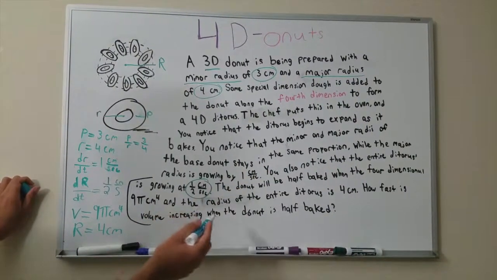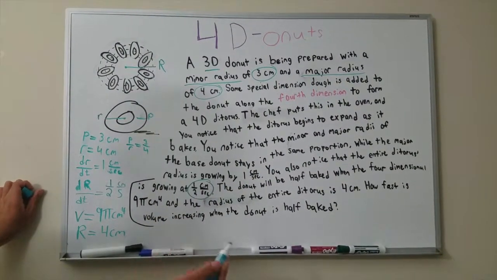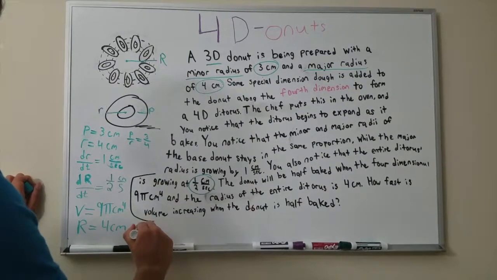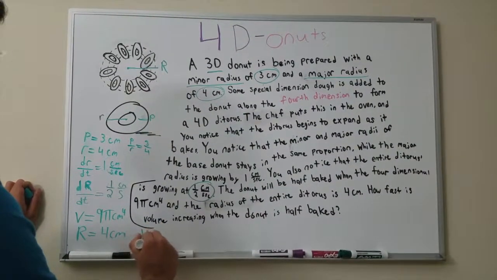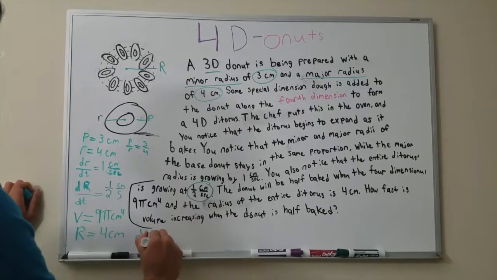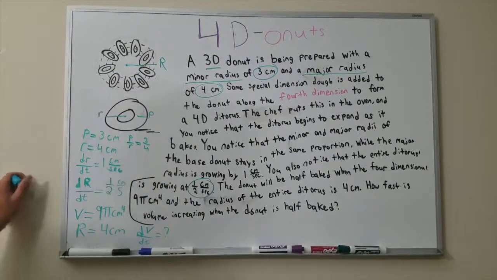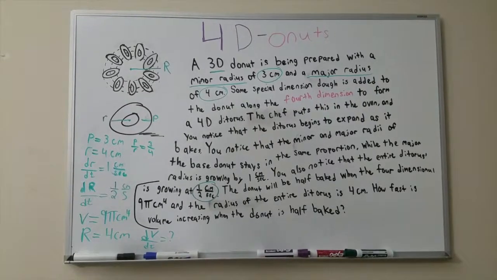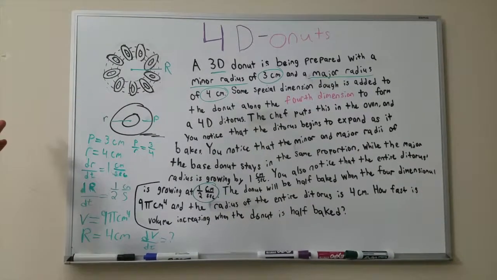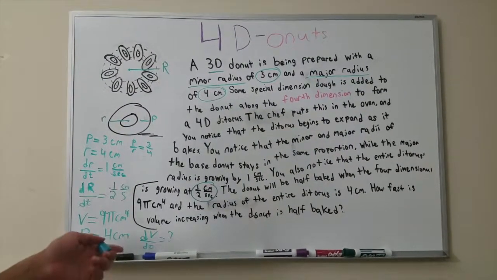And you want to know how fast the volume is increasing when the donut is half-baked. So you want to find the change in volume with respect to time. So now we can use these values to solve for the volume of the 4D donut as it changes.